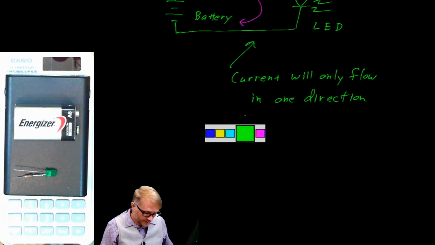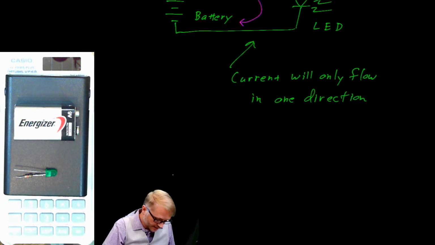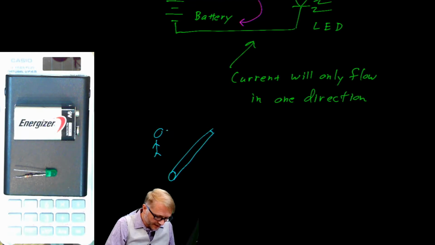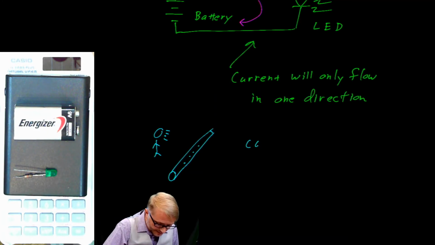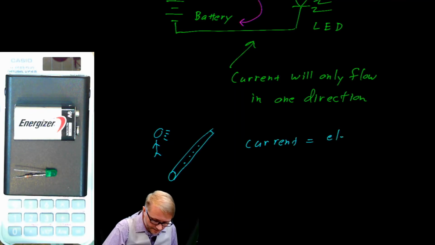One way to think about current is to take a piece of wire and we establish an observer. That observer will look at the particles that flow in this wire. And we could say that the current in that wire is, we'll call the particles electrons for now, electrons per second.